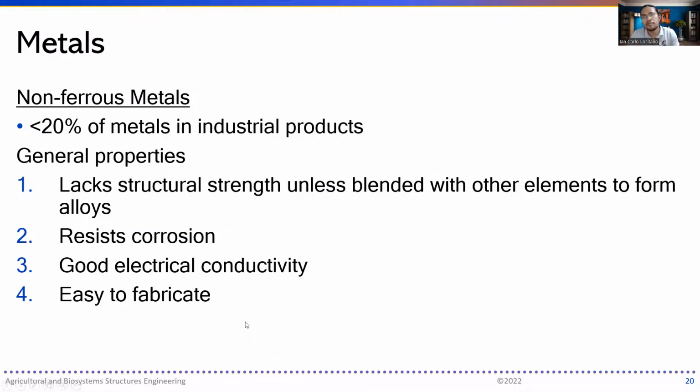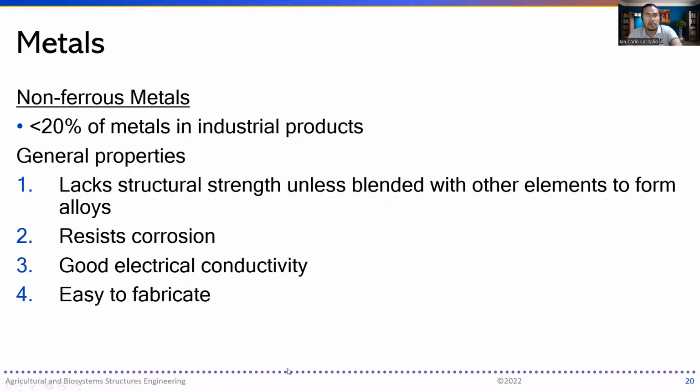Now, there are also non-ferrous metals, and these are less than 20% of the metals in industrial products, but they are also still very important, and to take note of them in relation to the topic on strengthening of metals, because they are also used in alloying.